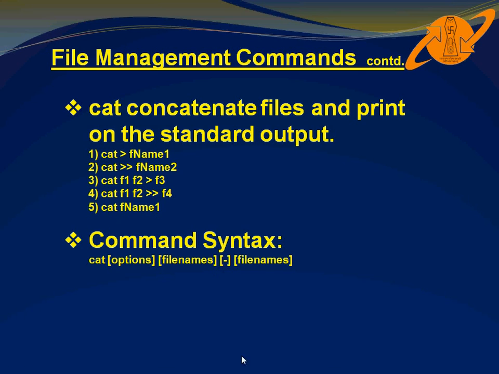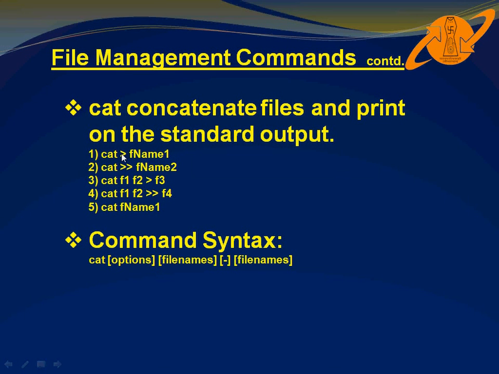If we look at command number 1 in the example, cat greater than fname1, it means this command will read something from the keyboard or standard input and will redirect it to fname1.